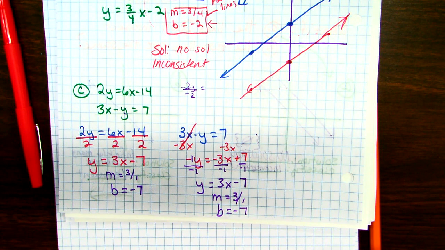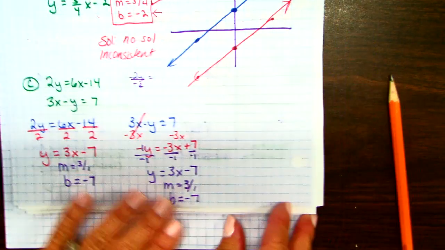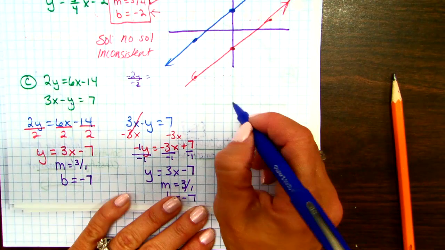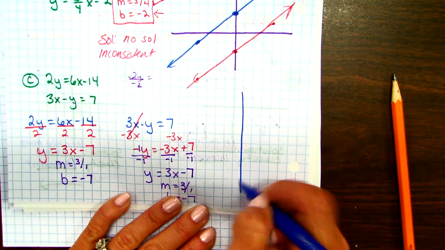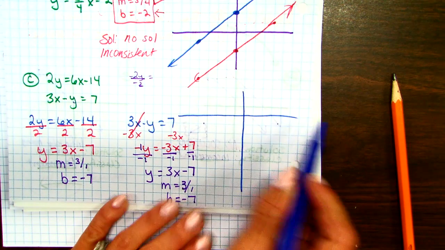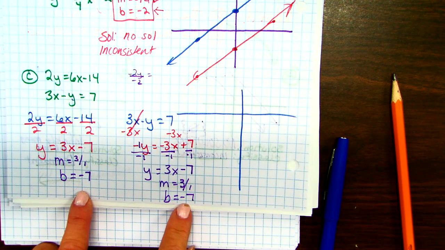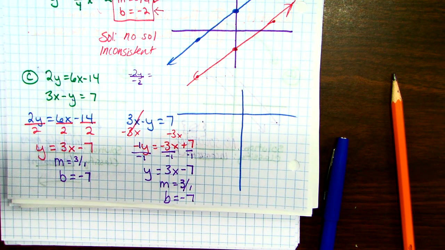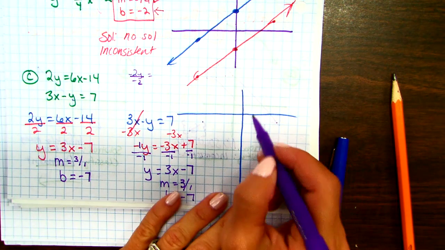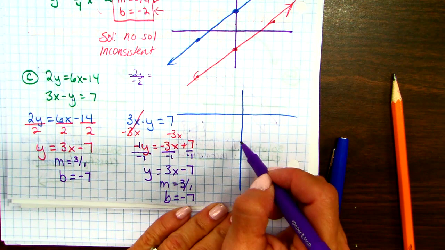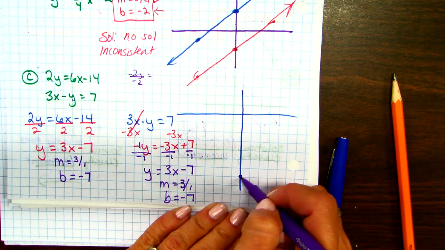Without even graphing, don't we know what the answer is? No. Yeah, it's because, look, slopes are the same and y-intercepts are the same. Everything's the same. When you graph it, you really only have to graph one of them. My b is -7, 1, 2, 3, 4, 5, 6, 7.